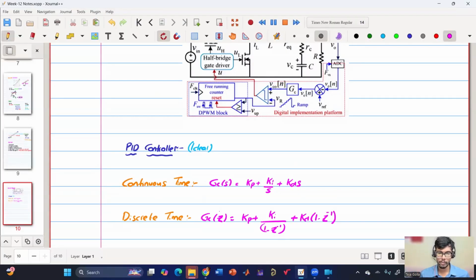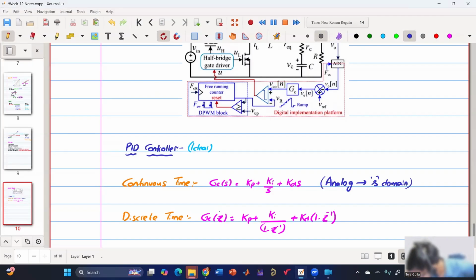There it is in the digital domain, Z domain, and here it is in the analog domain, which is S. So this is analog, so that's the S domain. This is digital, so that's why it is in the Z domain. Is this clear? Then I'll just quickly summarize and then we can wind up this session.